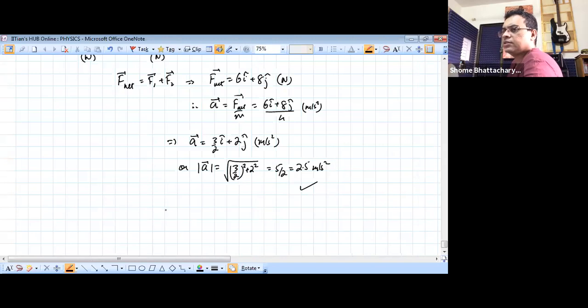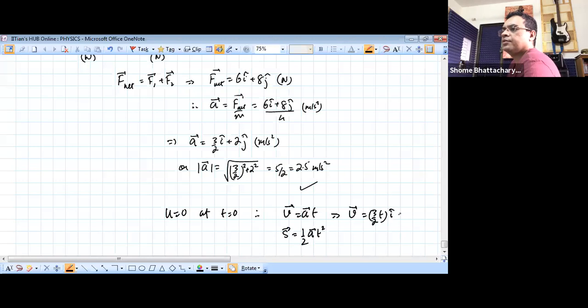So it's starting from rest. U is equal to 0 at t equal to 0. Therefore, V will be equal to acceleration into time, and S will be equal to half a t square. Okay. So V will be equal to 3 by 2 t i cap plus 2 t j cap, and the displacement will become 3 by 4 t square i cap plus t square j cap.